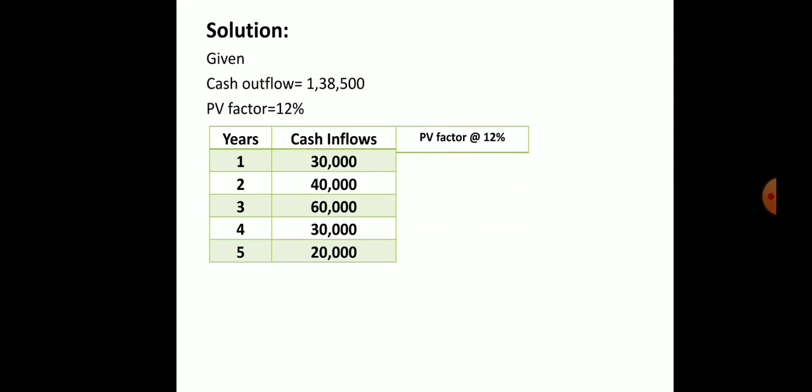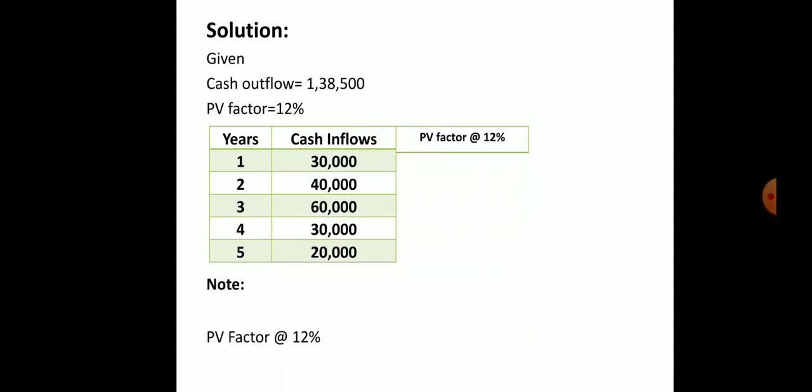The PV factor at 12% and the cost of capital are both the same, 12%. So how to calculate the PV factor? If you have the present value table, you can directly take 12% from it, or else you can calculate using the formula.